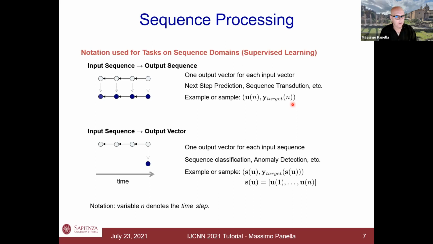In this case, you can also use bidirectional architectures, because you can violate the causal property of time series based on the time domain, because you have the whole time series during the training phase.